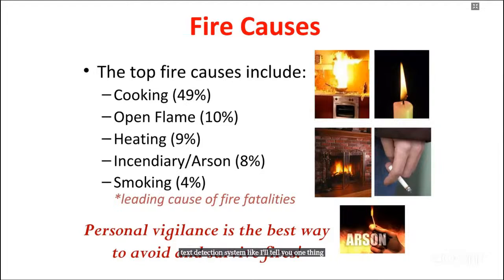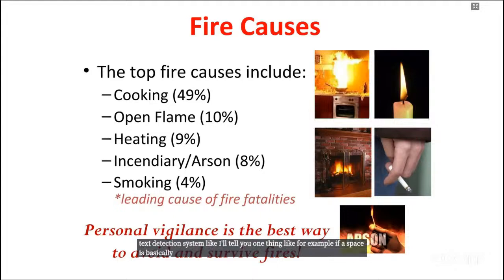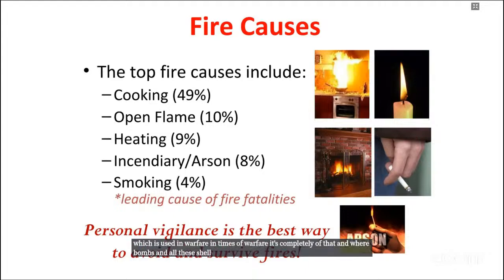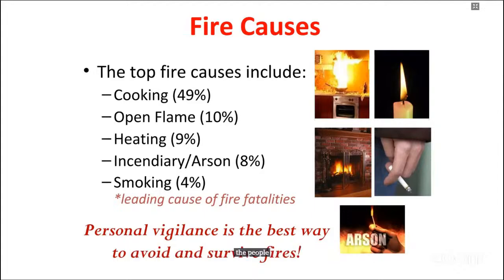For example, if a space or maybe a building is used in times of warfare, where bombs and all these shell structures are made just to protect the people, protect the army, there we need to incorporate our fire safety systems also.